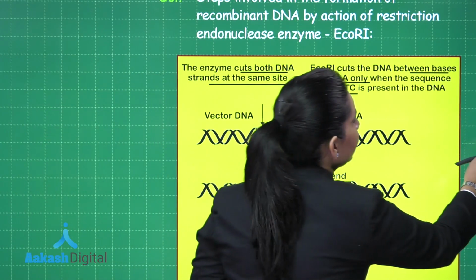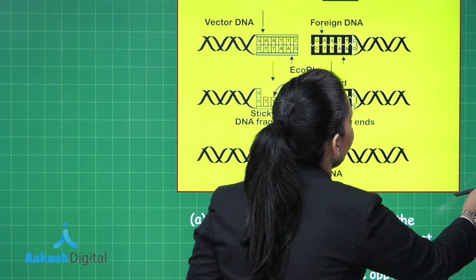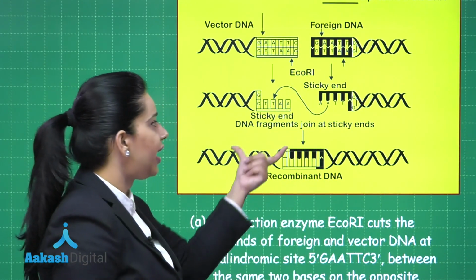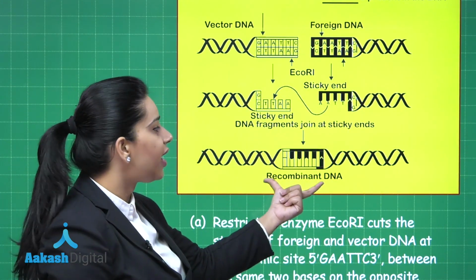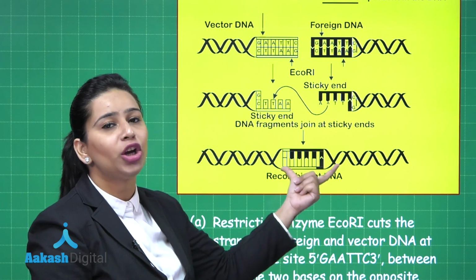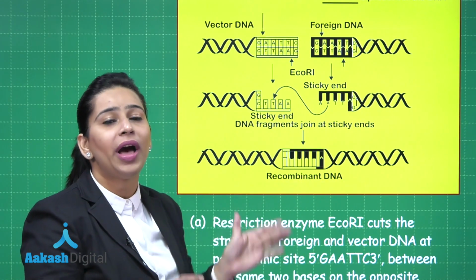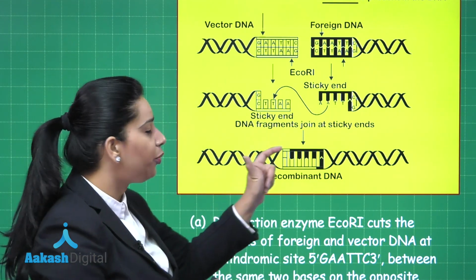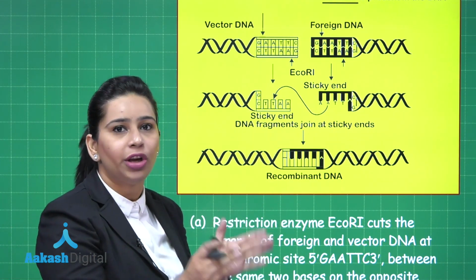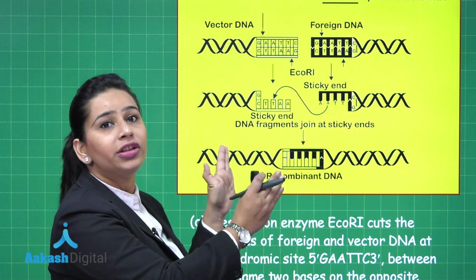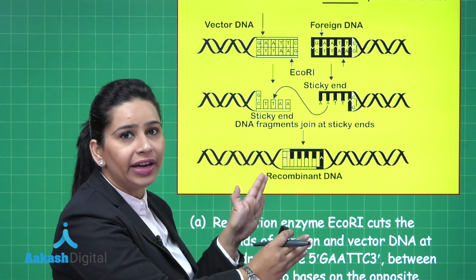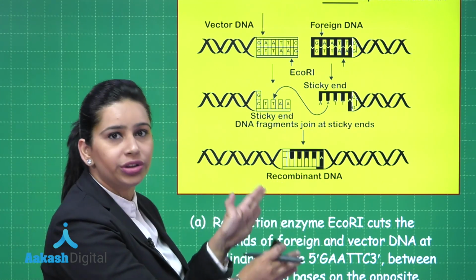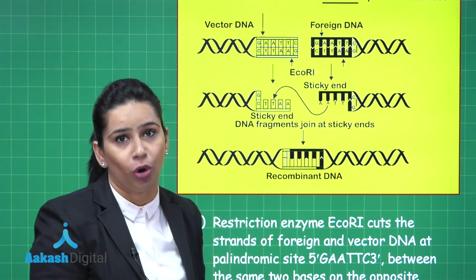Now these sticky ends will get ligated with the help of the enzyme DNA ligase, and that results in the formation of recombinant DNA. And why are we calling this recombinant DNA? Because we are recombining or rejoining the 2 DNA strands from different sources or different genomes.